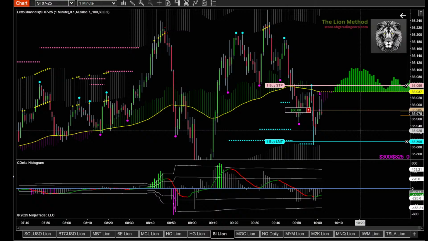That delta is weakening, but that's neither here nor there. All right. Oh, that's not too shabby.